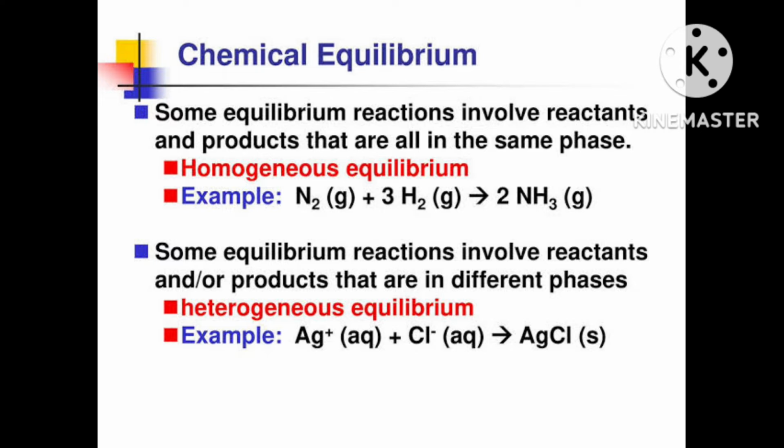The rate at which the reactants are reacting and the rate at which the product is forming are the same. At the equilibrium position, the rate of the forward reaction, meaning formation of product, and the reverse reaction, in which the product gives back the reactant, become equal. The rate of the forward reaction becomes equal to the rate of the reverse or backward reaction. When are they the same? At equilibrium.